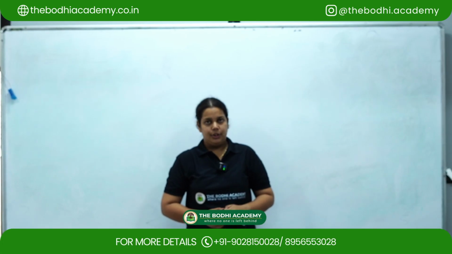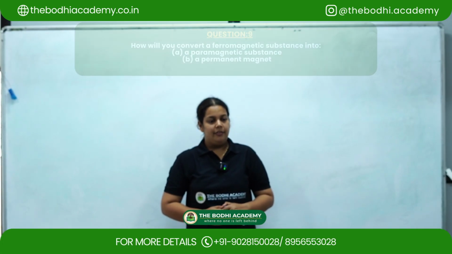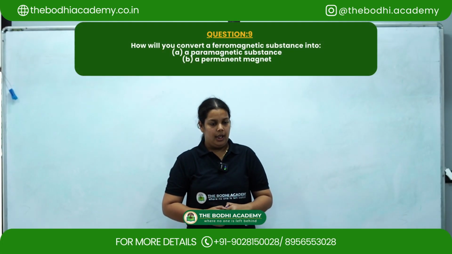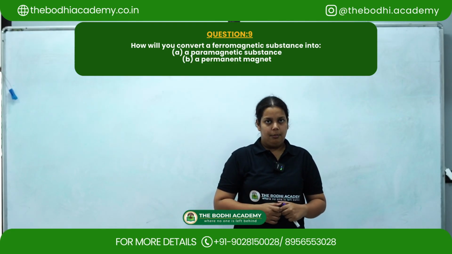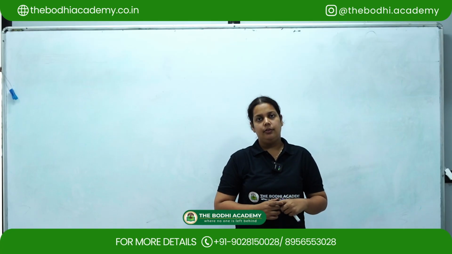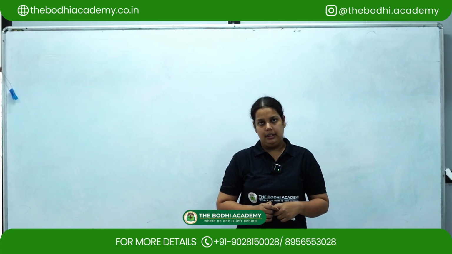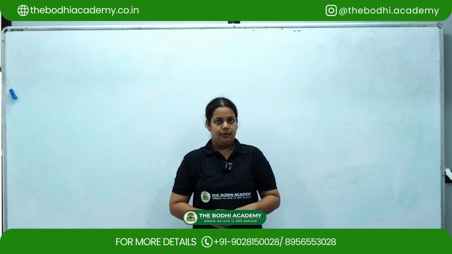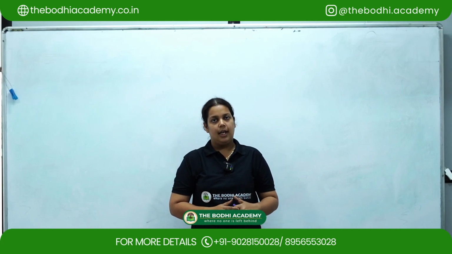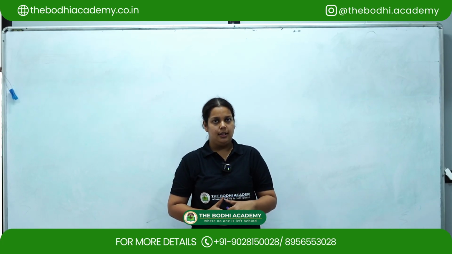Coming to the next question, how will you convert a ferromagnetic substance into a paramagnetic substance, b, a permanent magnet? So by heating the material above Curie's temperature, we can convert it into a paramagnetic substance. Curie's temperature is the temperature at which a ferromagnetic substance can be converted into paramagnetic substance.